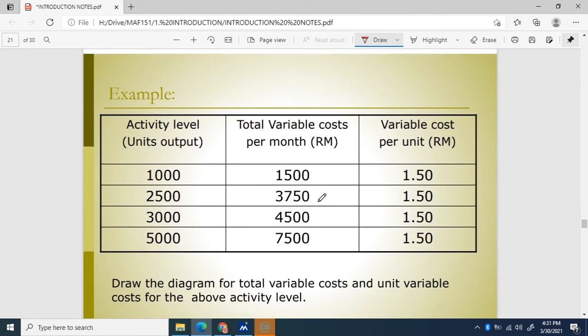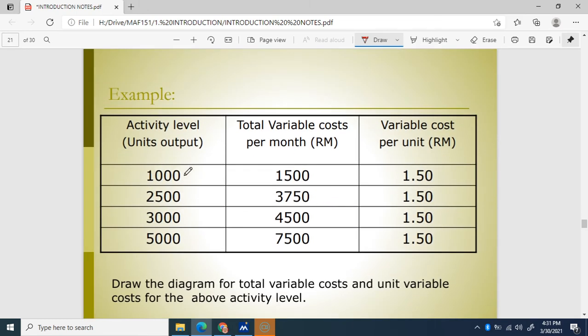If we refer to here, for example, level of activity 1,000, the total variable cost is 1,500. If the level of activity keeps increasing, the total variable cost also keeps increasing. And this is variable cost per unit. To get variable cost per unit, total divided by units. So 1,500 divided by 1,000, you get 1 ringgit and 50 cents. Here it is 1 ringgit and 50 cents, again 1 ringgit and 50 cents.